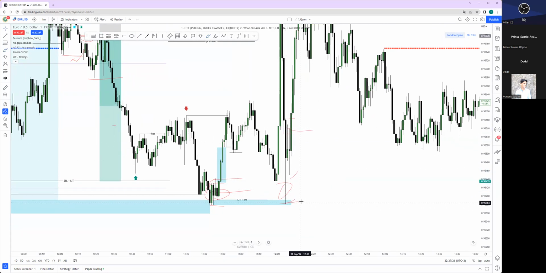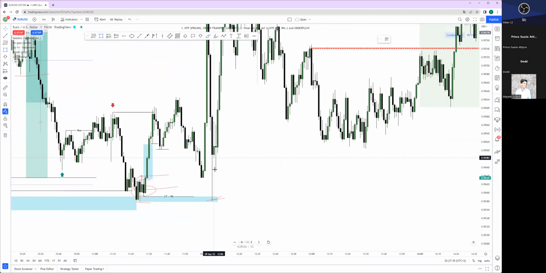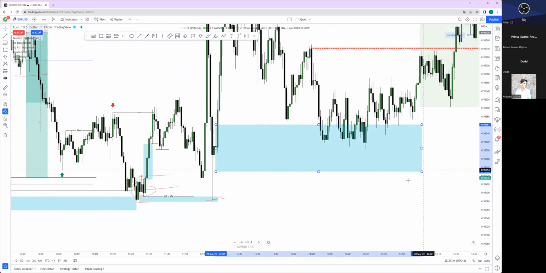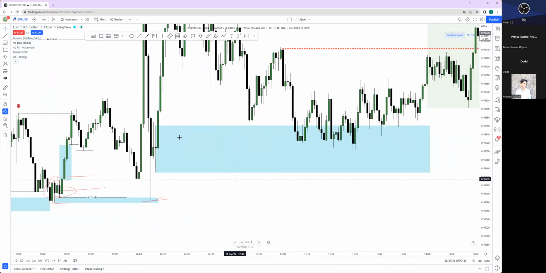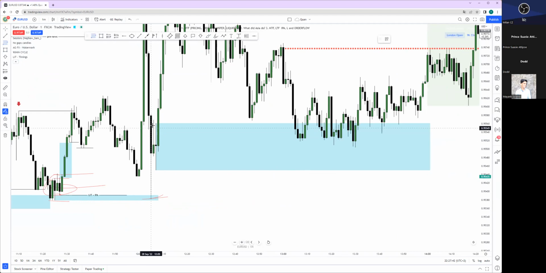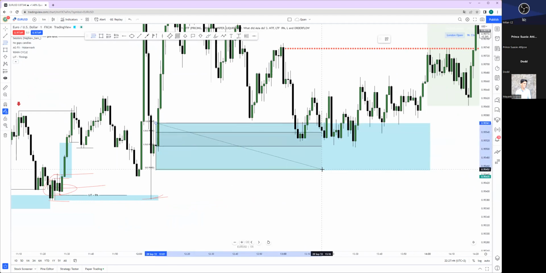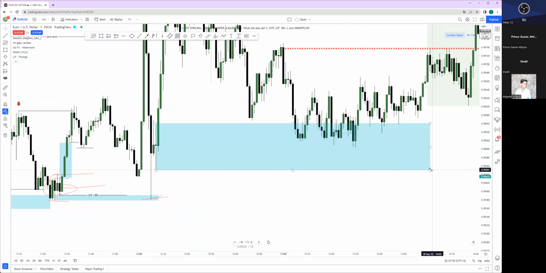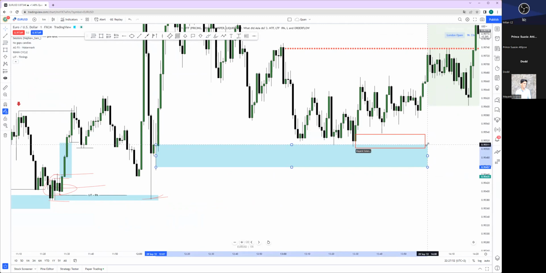So this would be our POI. Many of you have taken buys from this POI as well, so good job. And even here you can see what is the last sell to buy bar. I don't know what it is, but you can take 50% and you see it mitigated exactly to the 50% price point here, which is perfect.